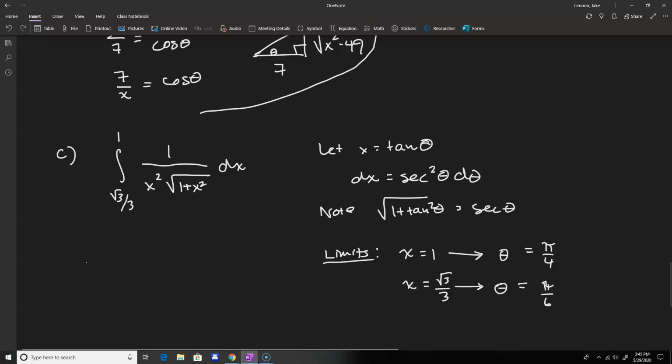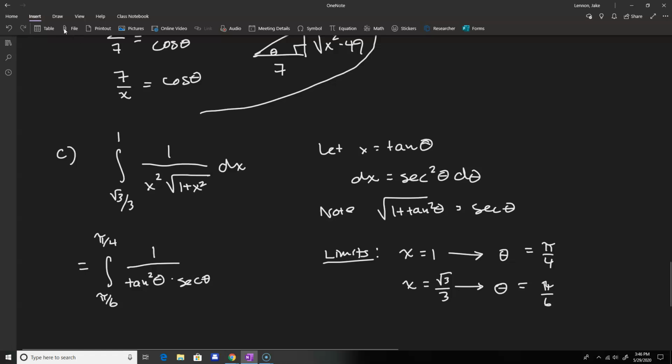Okay, so now we're ready to perform the substitution. Our integral is now the integral from pi over 6 to pi over 4, where we have 1 divided by the tangent squared of theta, and then remember the square root of 1 plus tangent squared just becomes secant of theta.